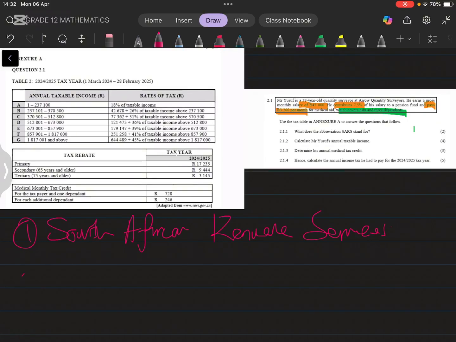All right. So now, number 2, calculate Mr. Yusuf's annual taxable income.